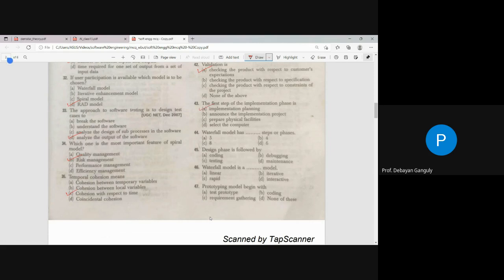The waterfall model has, you can say, four steps. Design phase is followed by coding. Waterfall model is a linear model, and this is the prototyping model, which begins with the coding part.